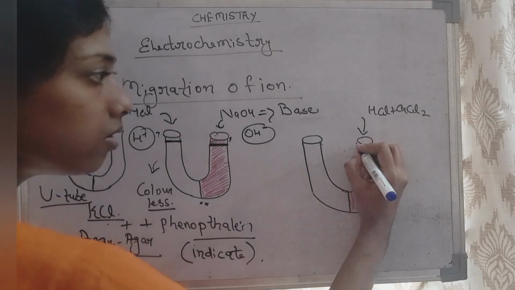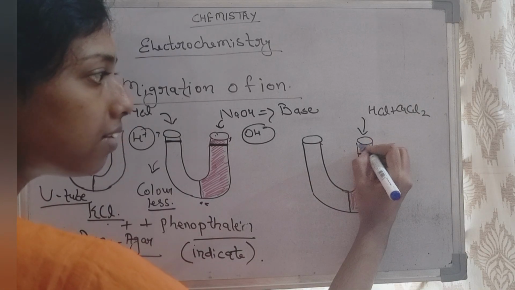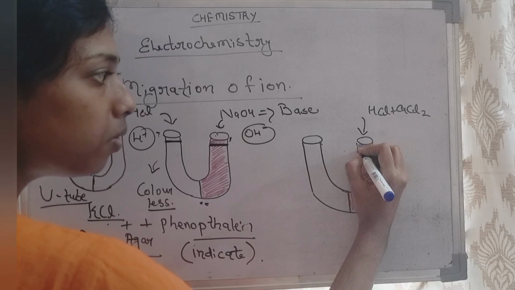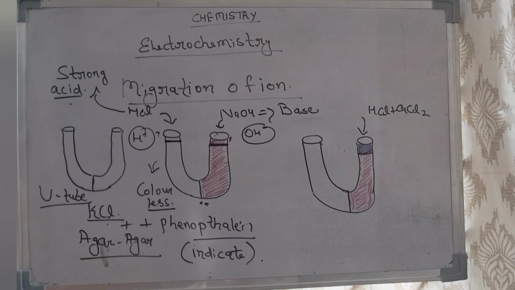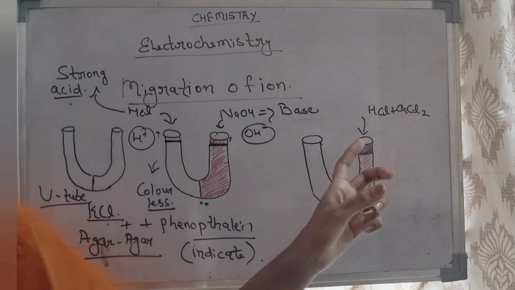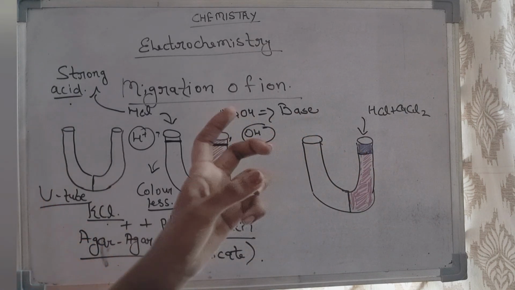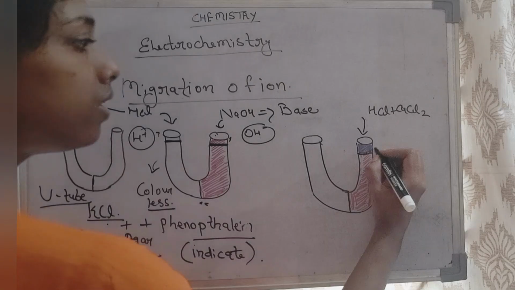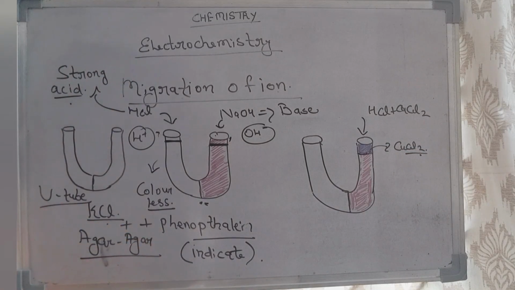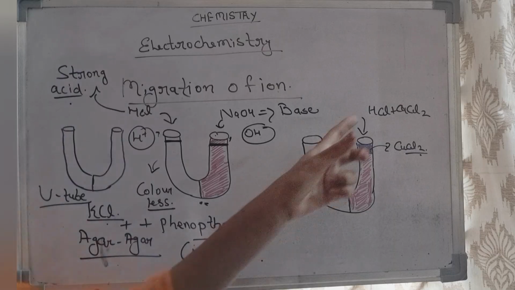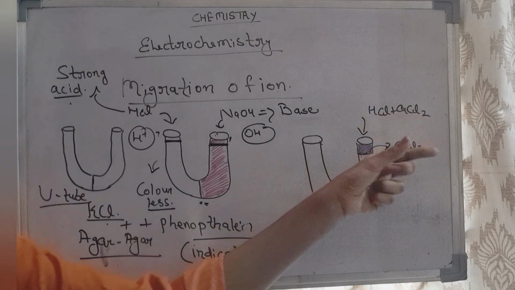This blue color will be marked as the CuCl2. This blue mark is nothing but your CuCl2 solution. Because of CuCl2 this blue mark appeared. Now this is HCl, this is CuCl2.